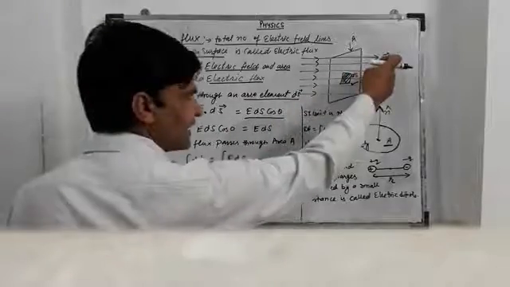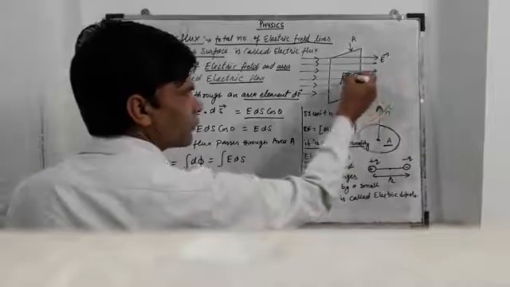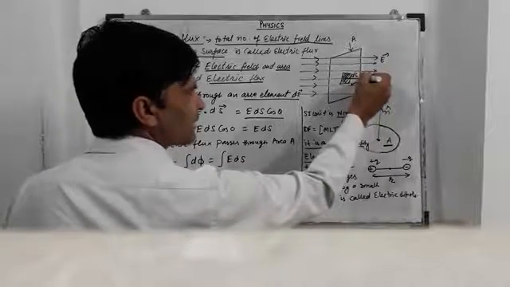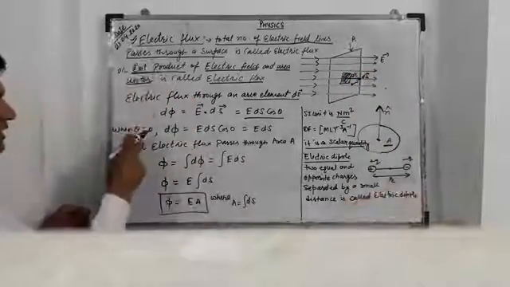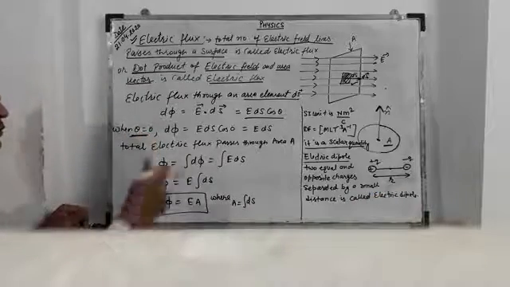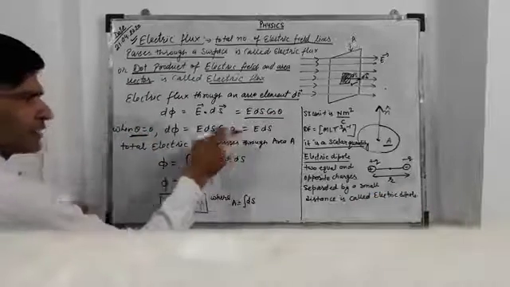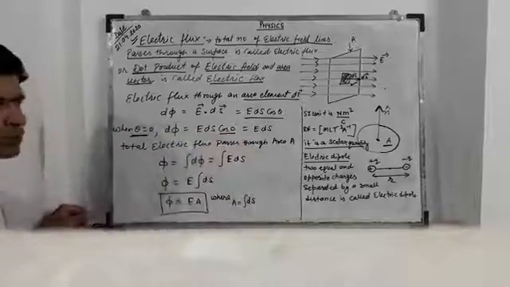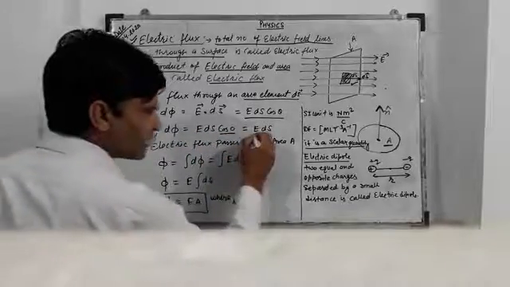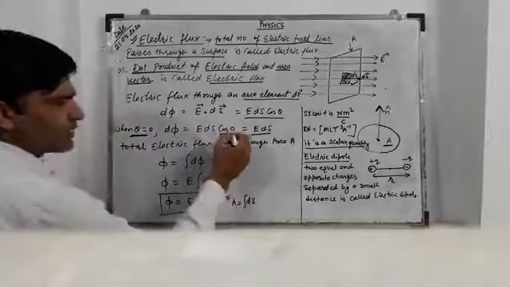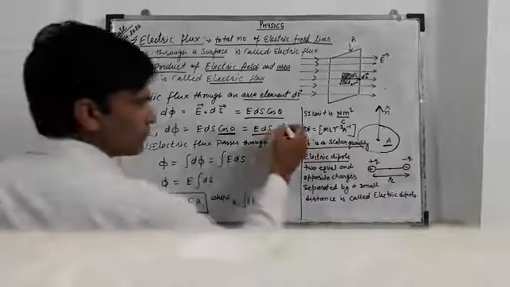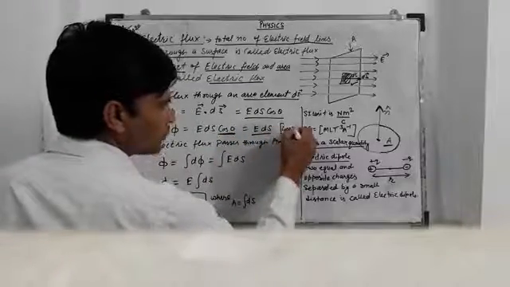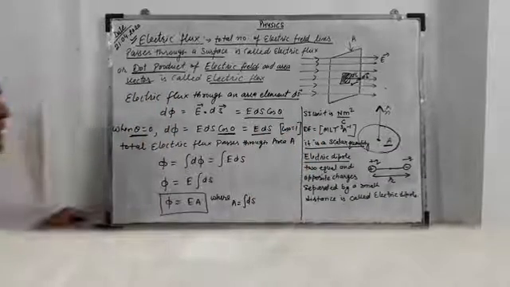But when E and ds are both in the same direction, then theta is equal to 0. Put the value of theta: d phi is equal to E ds cos 0, that is E ds, because the value of cos 0 is equal to 1.